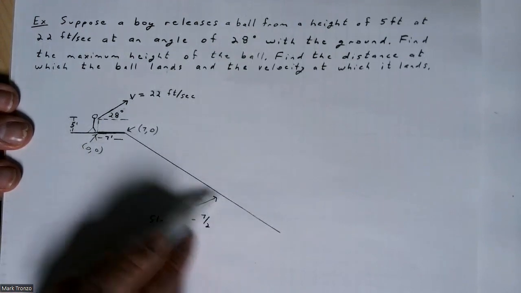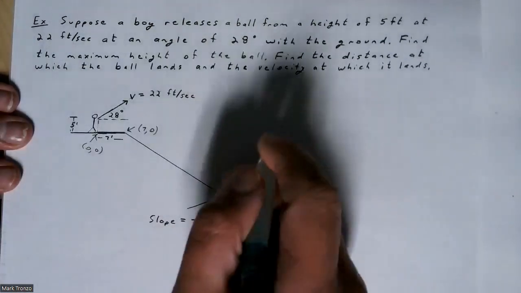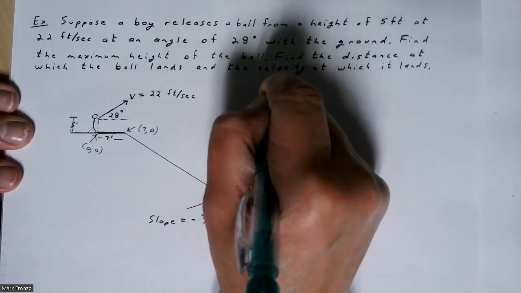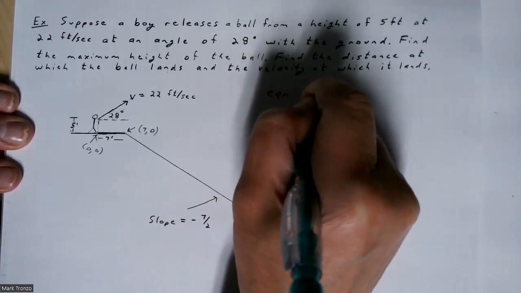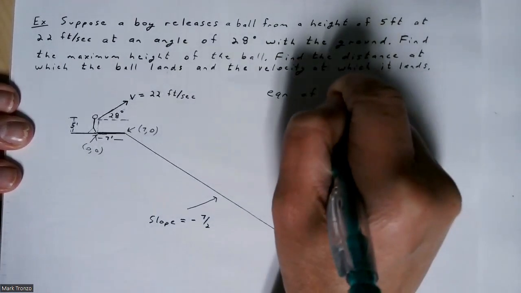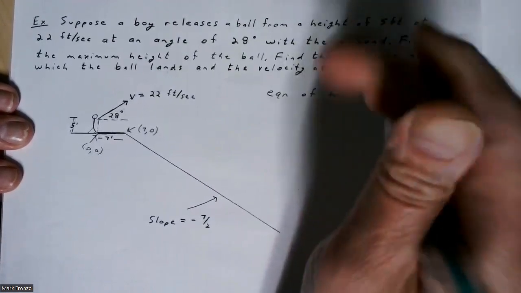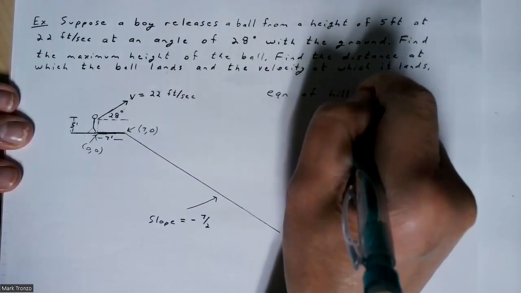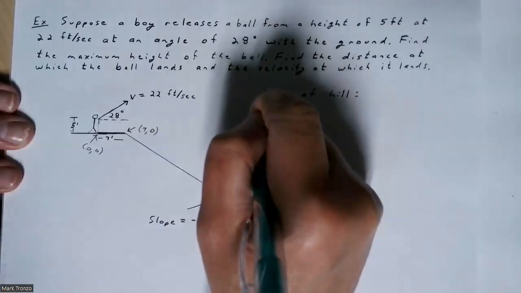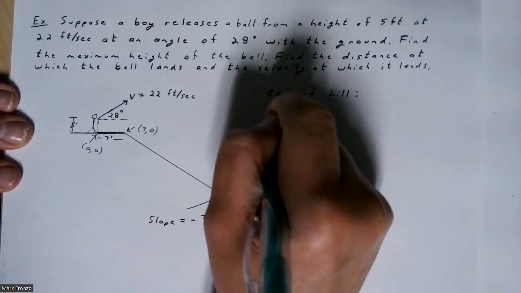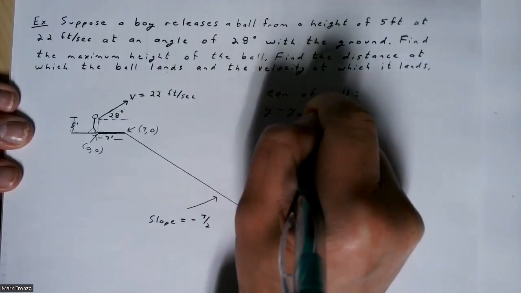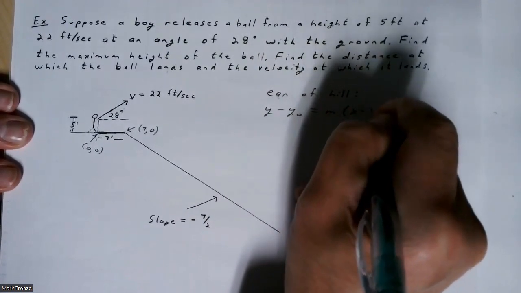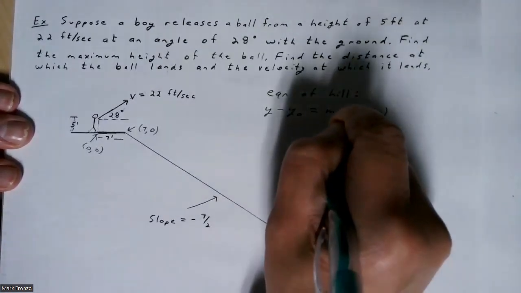And so we're trying to find an equation for this. Now, we can use the equation of a line. So the equation, I don't know what we're going to call this, maybe the hillside. And we can use our equation from algebra: y minus y naught is equal to m times x minus x naught.